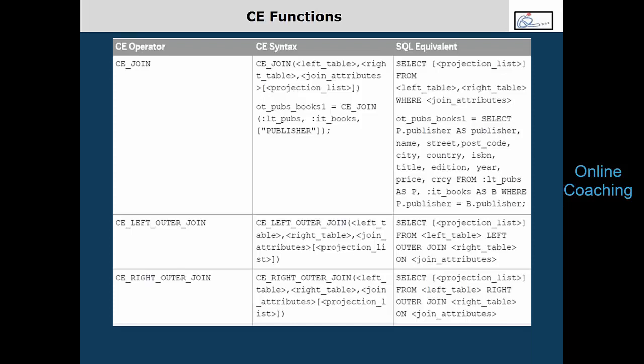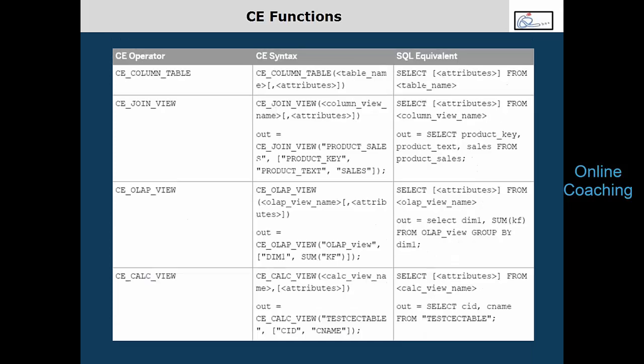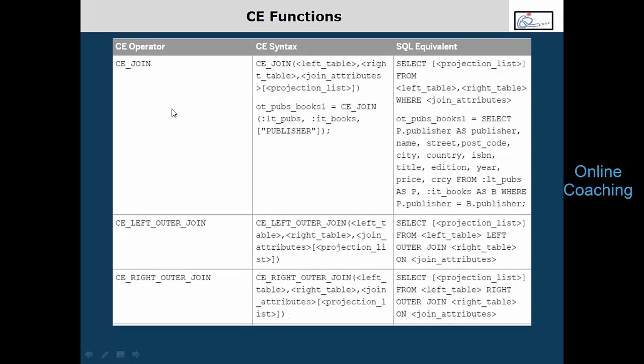Yeah. Next one, CE_JOIN. In interviews they generally ask you this question: what is the difference between CE_JOIN_VIEW and CE_JOIN? First they'll ask you what is CE_JOIN_VIEW. Then you start answering it is for joining, because by looking at the keyword join, you say it is for joining.